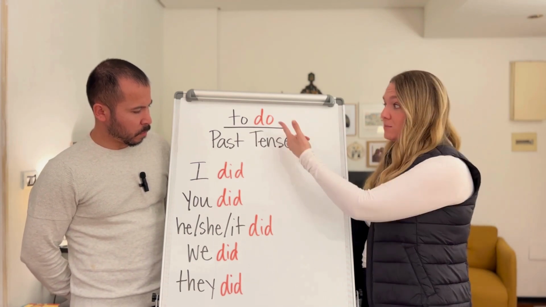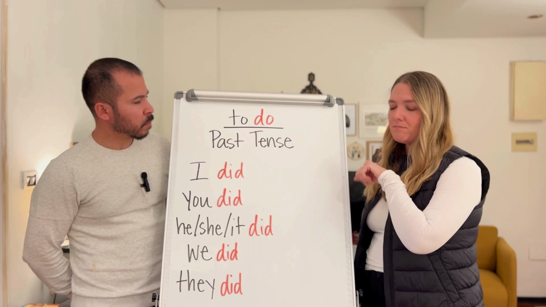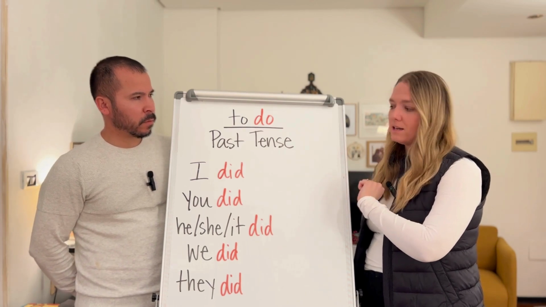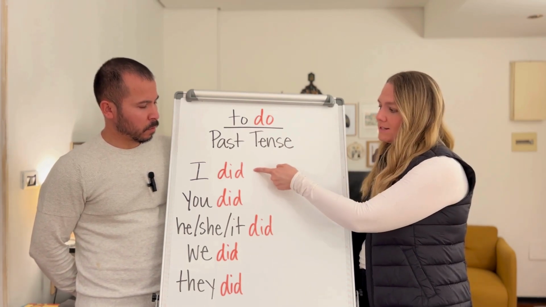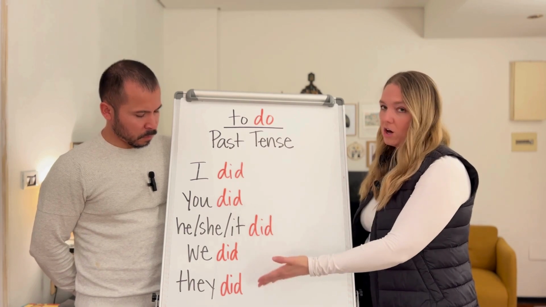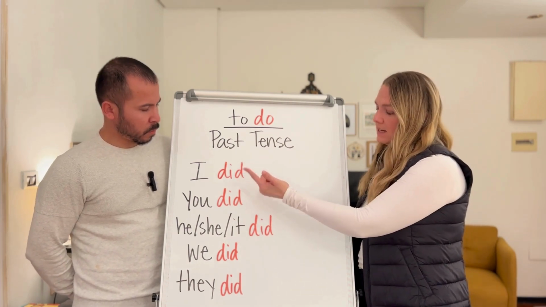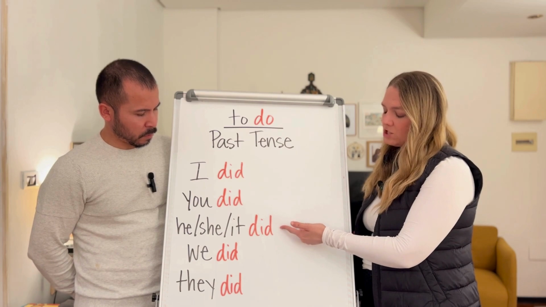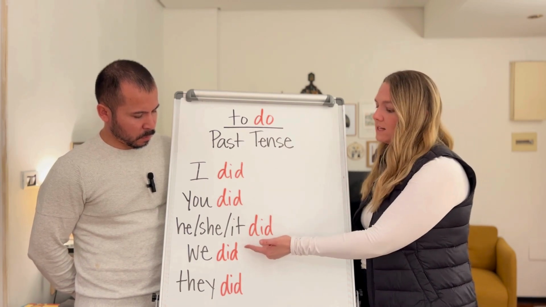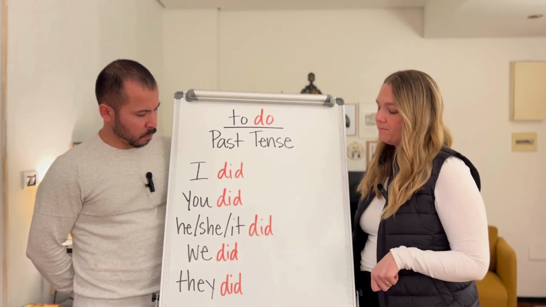But with the verb to do, it is irregular. And so you do not add an ed, but instead it changes to did. And it is the same for all the subjects. I did, you did, he, she, it did, we did, they did.